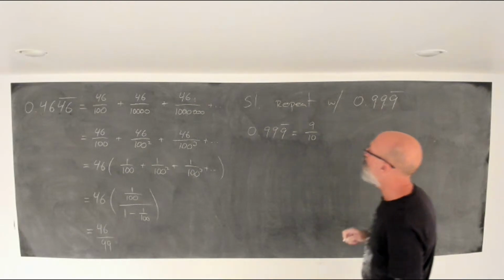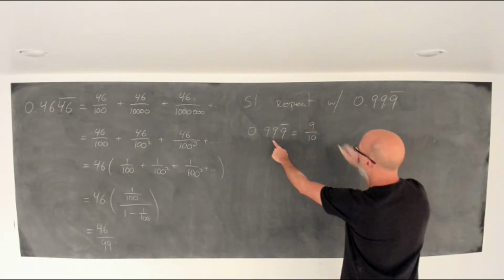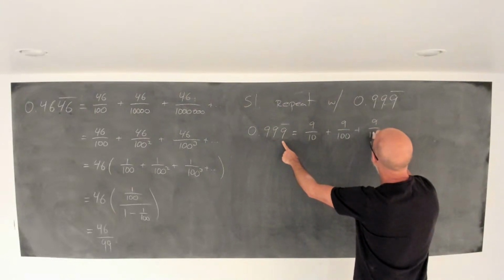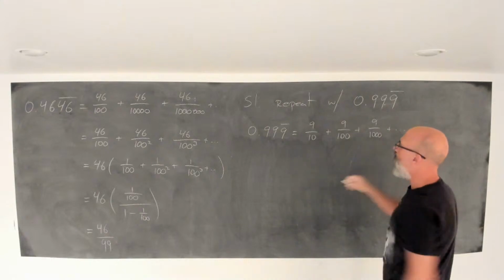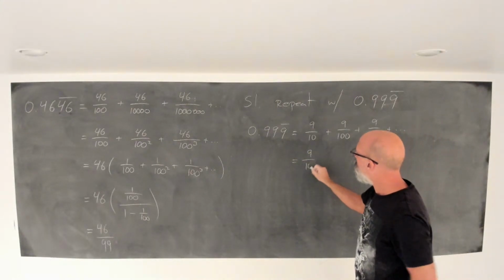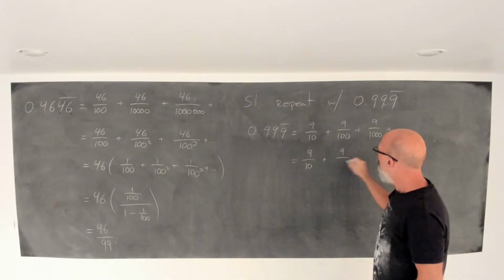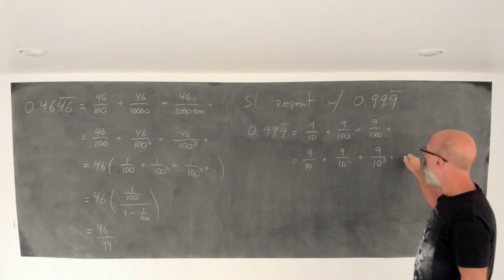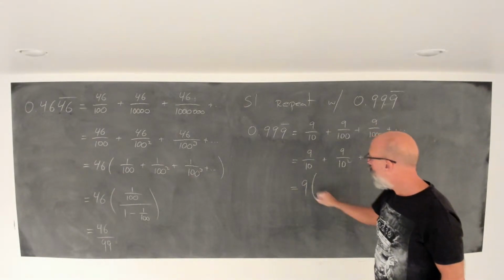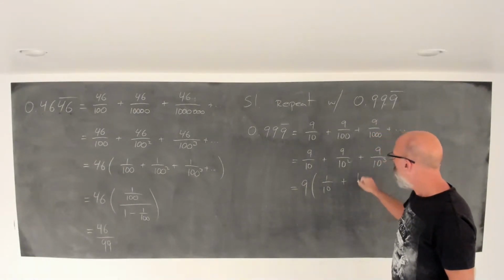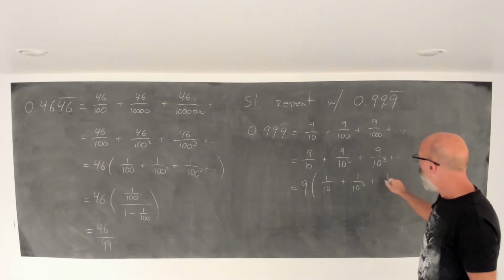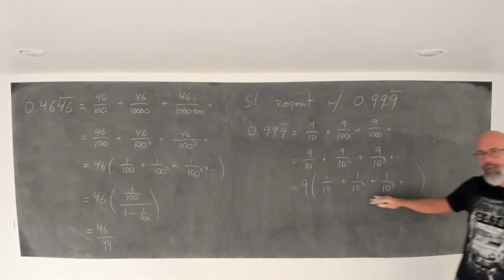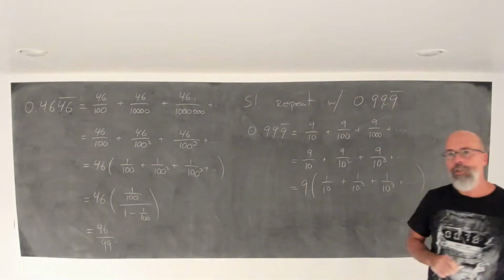That first 0.9, and then 0.09 is 9 over 100, and then 9 over 1,000, and so on, or 9 over 10, 9 over 10 squared, 9 over 10 cubed. If you factor out the 9, 1 over 10, 1 over 10 squared, 1 over 10 cubed, again, you recognize that what you have is a convergent geometric series.